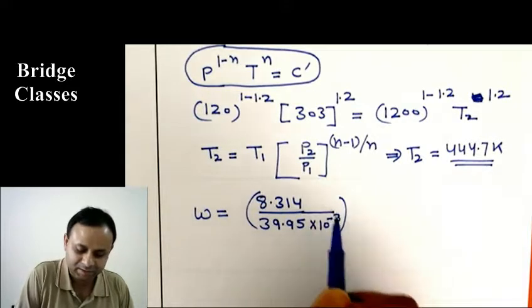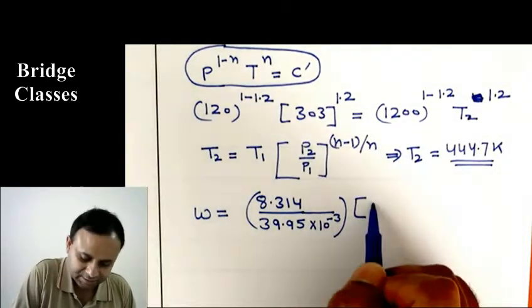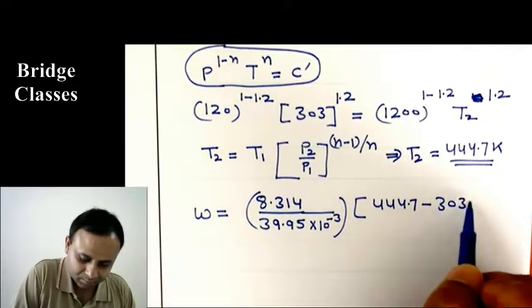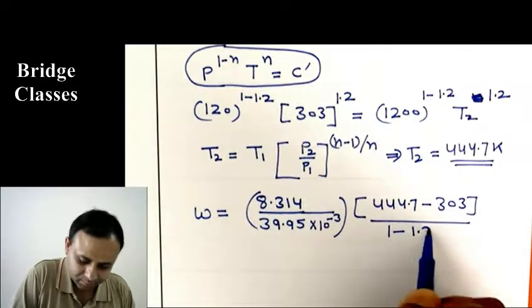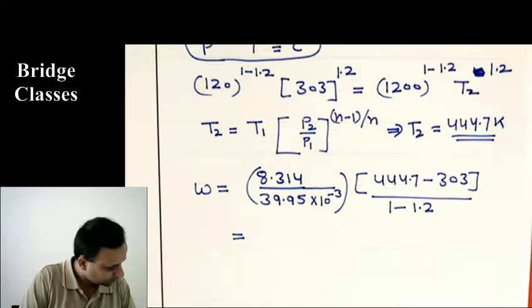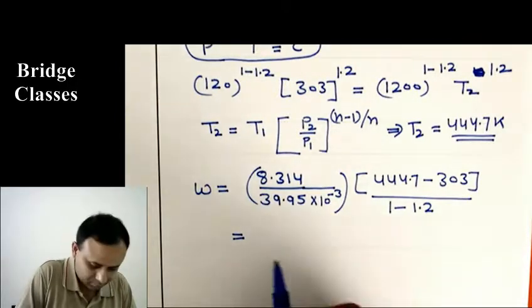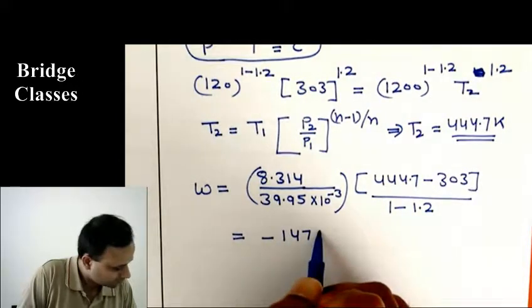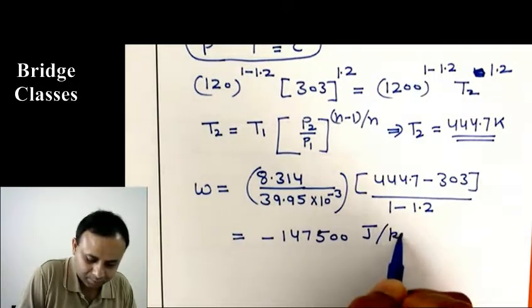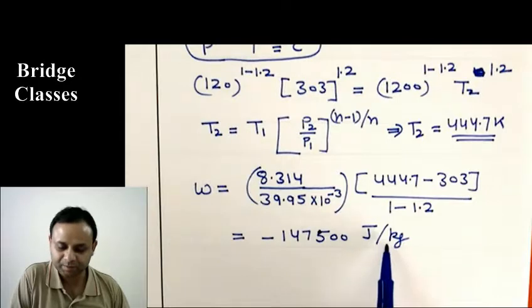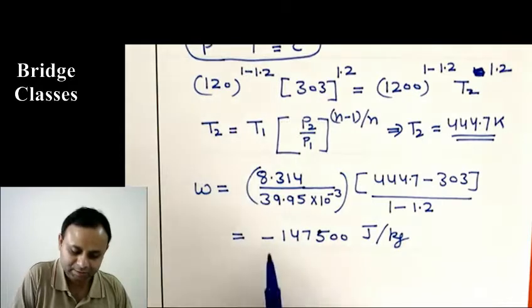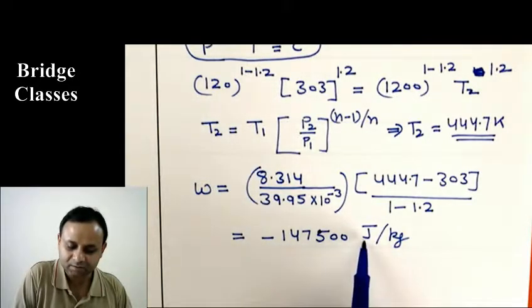This is the gas constant for argon, times T2 minus T1, T1 is 303 Kelvin, over 1 minus n. That gives us work. You get negative 147,500 joule per kilogram, or you can say negative 147.5 kilojoule per kilogram.